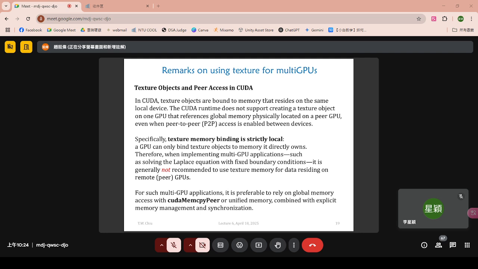So when implementing multi-GPU applications, such as solving the Laplace equation with fixed boundary conditions, it is in general not recommended to use texture memory for data residing on remote peer GPUs. There are many multi-GPU applications that need to access data from another GPU quite often.